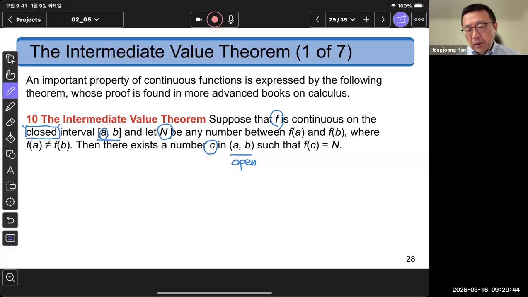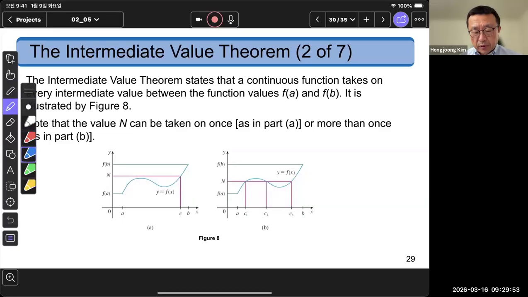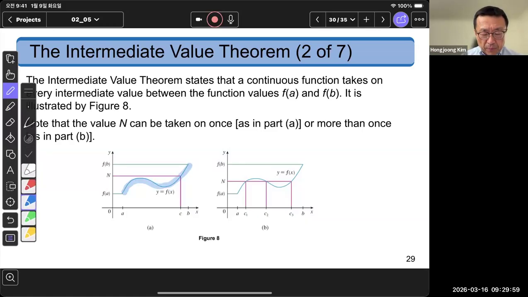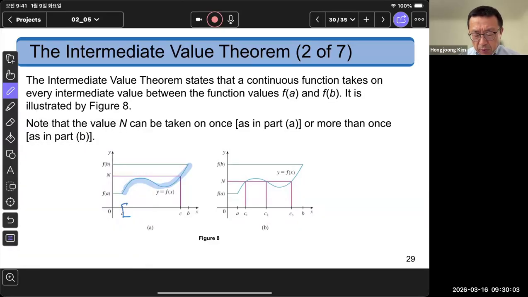Okay, let me just explain this with a graph. That might be easier. So suppose that I have a continuous function f whose graph is like this on the closed interval from a to b.